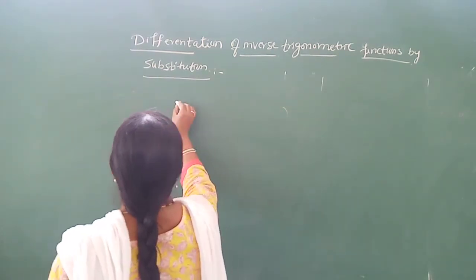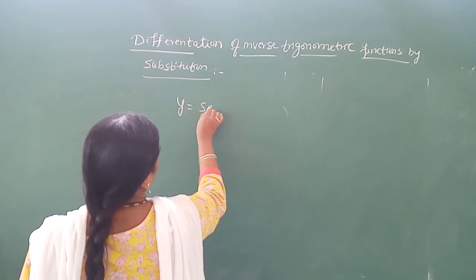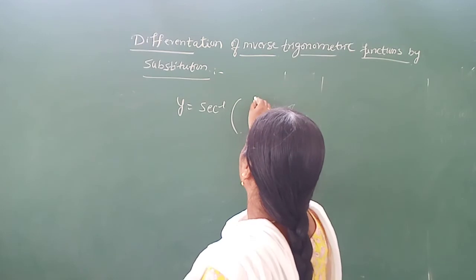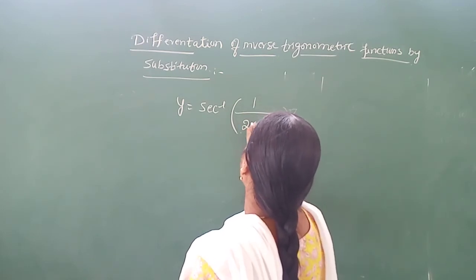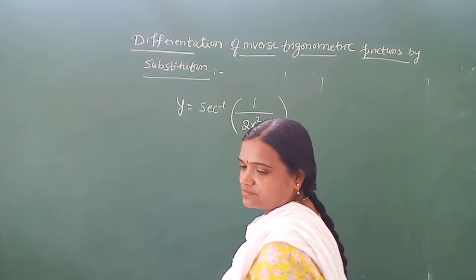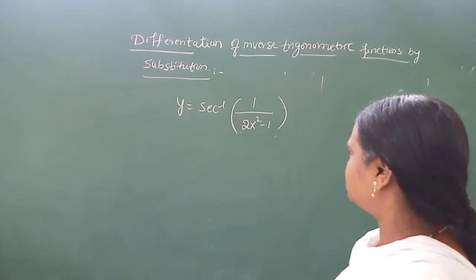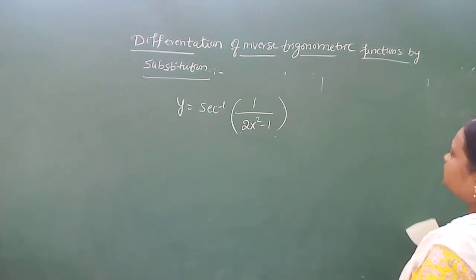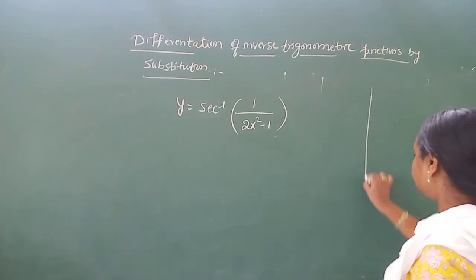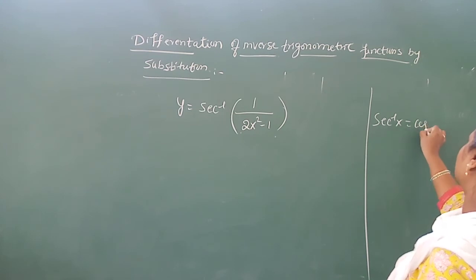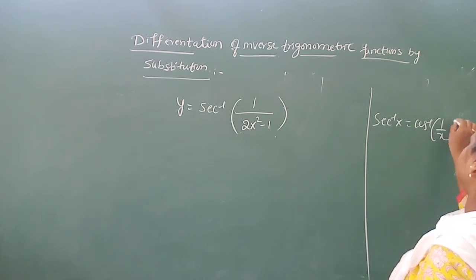Next example is y is equal to sec inverse 1 divided by 2x square minus 1. See, we have the formula, just concentrate, in trigonometric functions. Sec inverse x is cos inverse 1 by x.